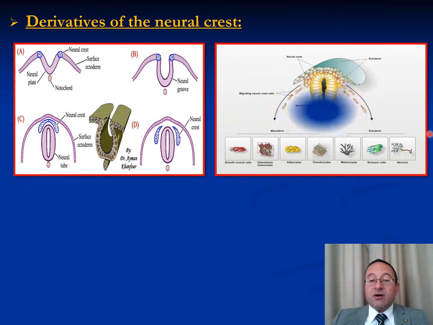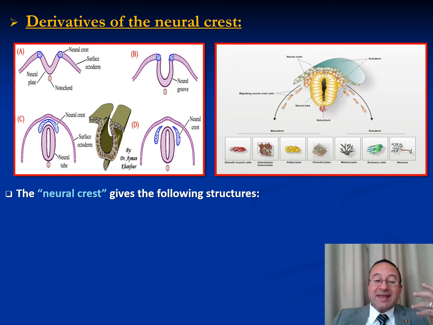They undergo a process of migration. The term migration is a very important term in the field of embryology. It means movement of structures away from their original site of development to reach new sites. Why? To perform new function.